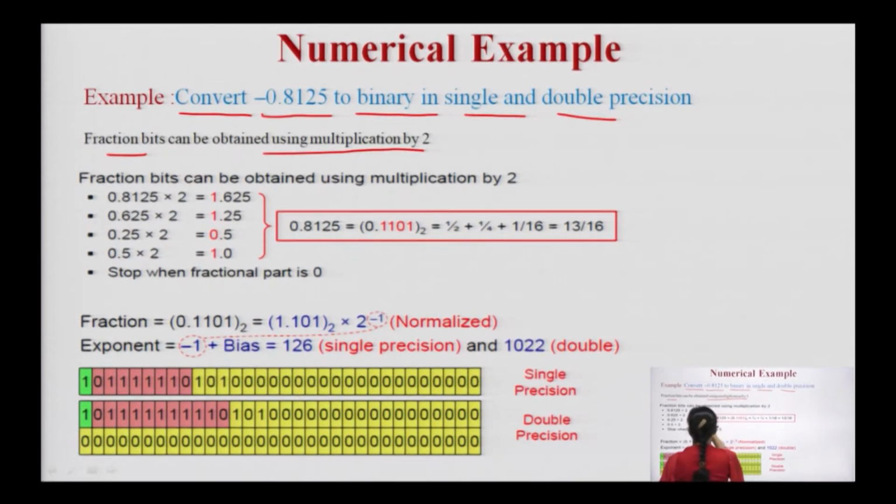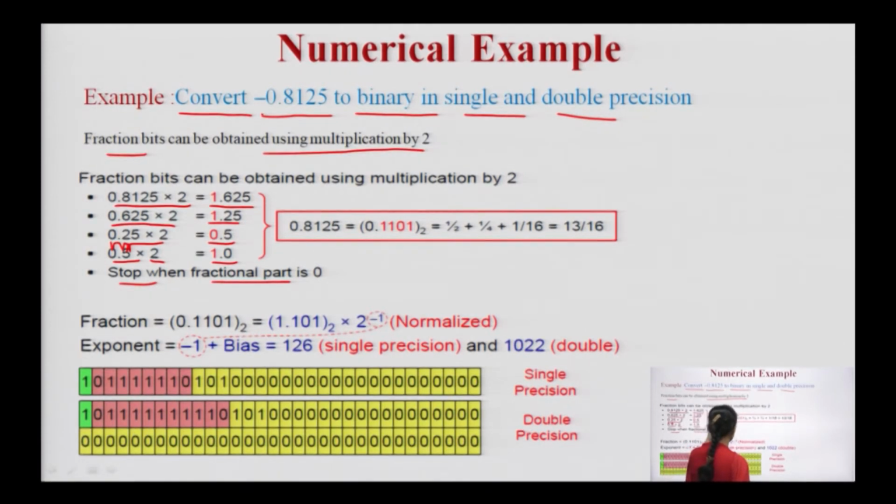So, minus 0.8125 is multiplied by 2 and gives us the value 1.625. This 1 we save, 0.625 is again multiplied by 2, we get 1.25. Again this 1 is saved, 0.25 into 2, we get 0.5. So, this 0 is saved, 0.5 cross 2 gives 1. We stop here when we get 0 in our fractional part.